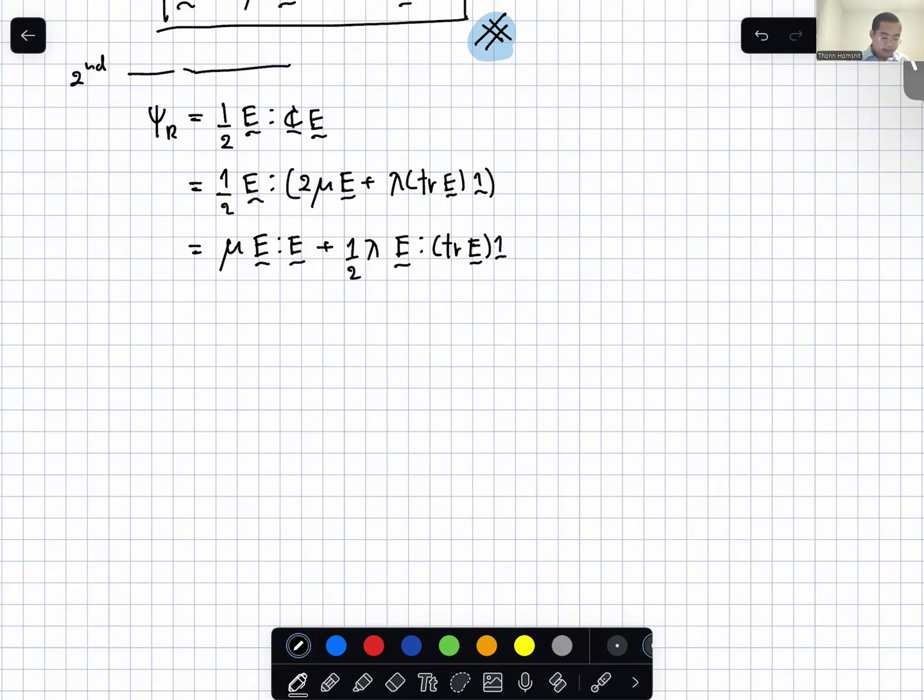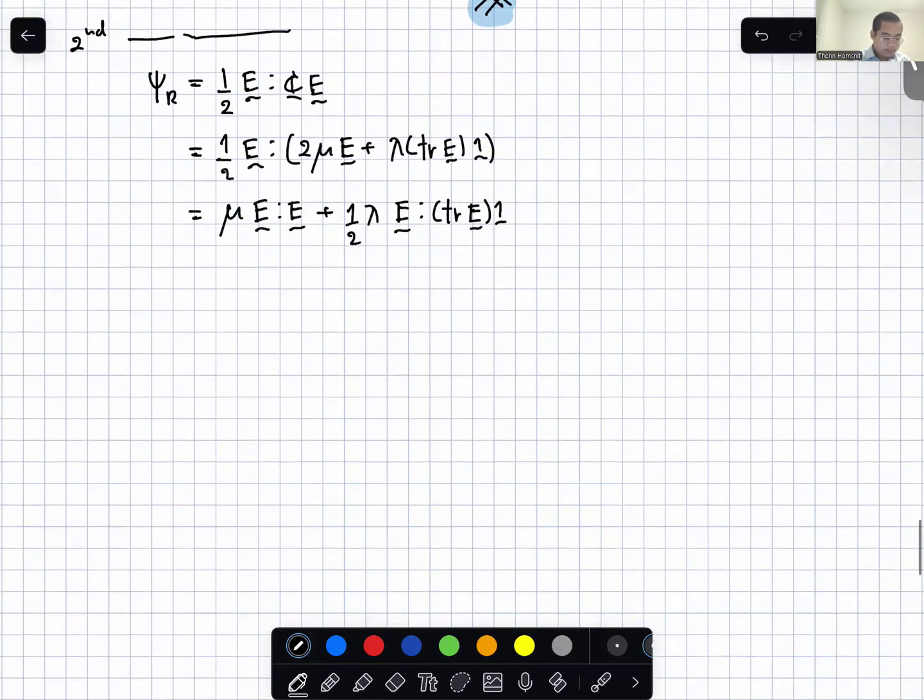And by the definition, this one is just the magnitude of E squared, plus 1/2 lambda times the trace of E squared.